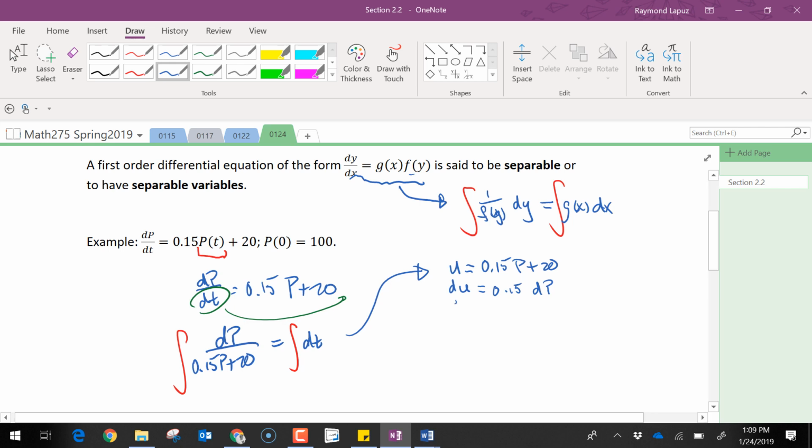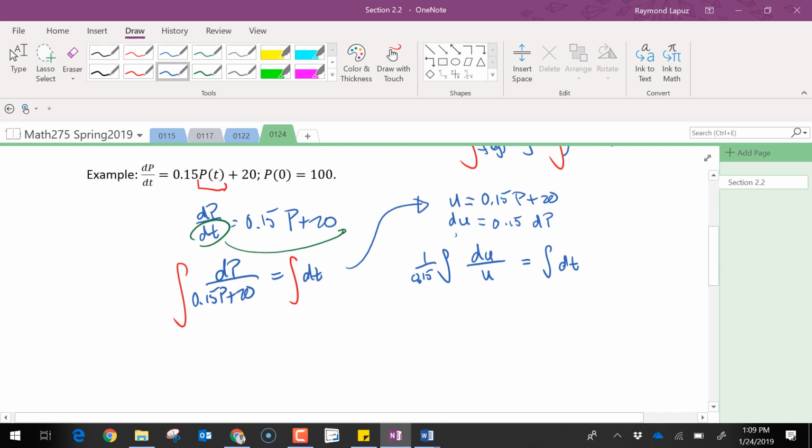So I will have the integral of 1 over 0.15, and then du over u.